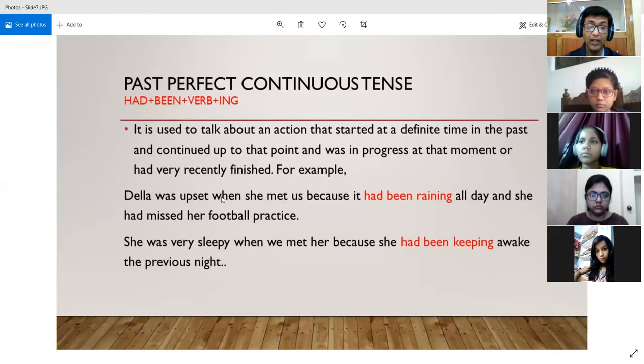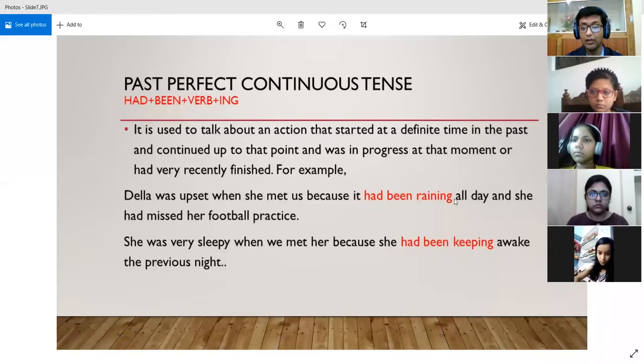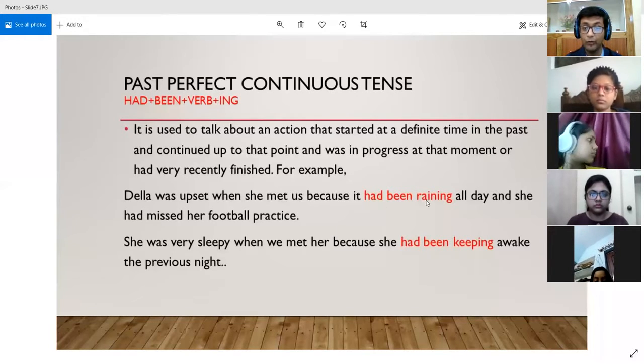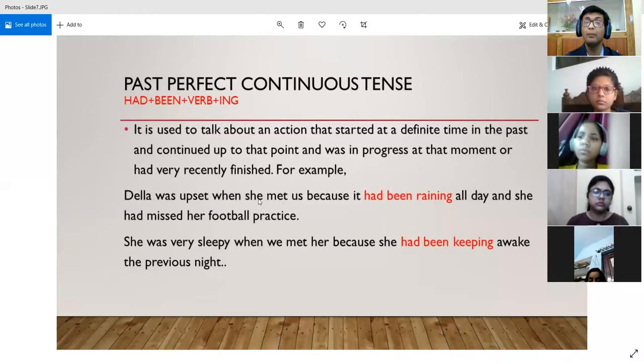For example, Della was upset when she met us. So when she met us is that point, and because it had been raining is the continuous action that started, and all day over here is the definite time when that continuous action started, and it is continuing up to that point. Which point? When she met us.